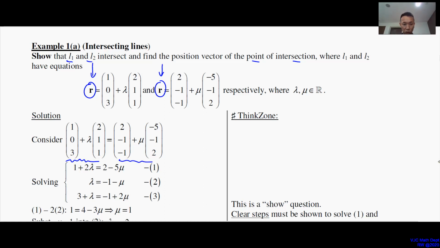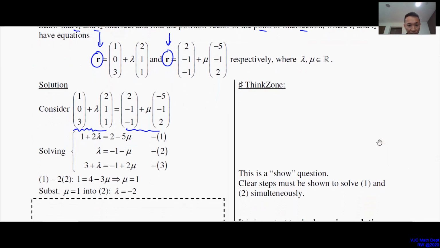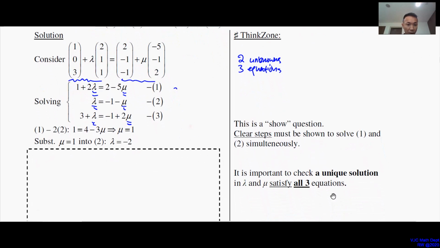We put them together and solve. You can solve them because there are only two unknowns, lambda and mu, but you actually have three equations. Can we solve? Of course we can. In fact, you just need two equations to solve. So if you look at the steps, you can solve using just 1 and 2, and quite easily you get mu equals 1, lambda equals negative 2.